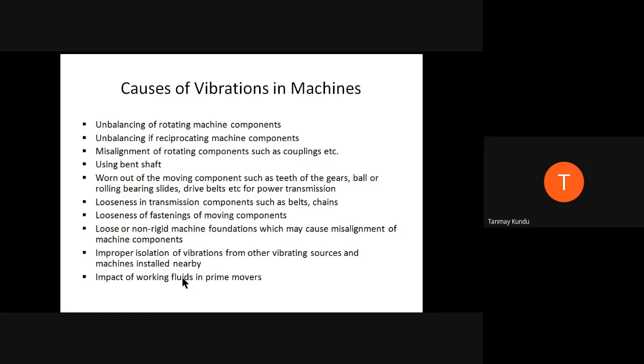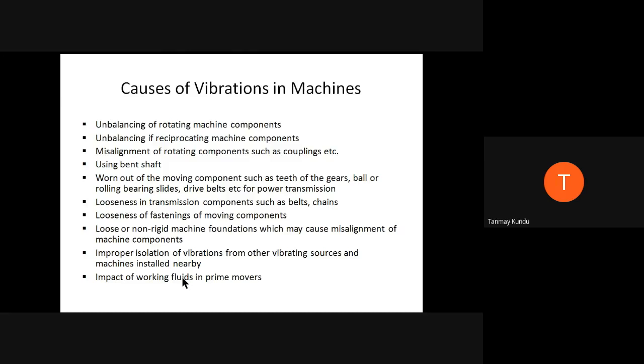Next, the last point: impact of the working fluids in the prime mover. Any prime mover, like a turbine, is rotating at a high speed for a longer period of time. So it requires some kind of working fluid, in terms of lubrication or any other fluid which gives it power.